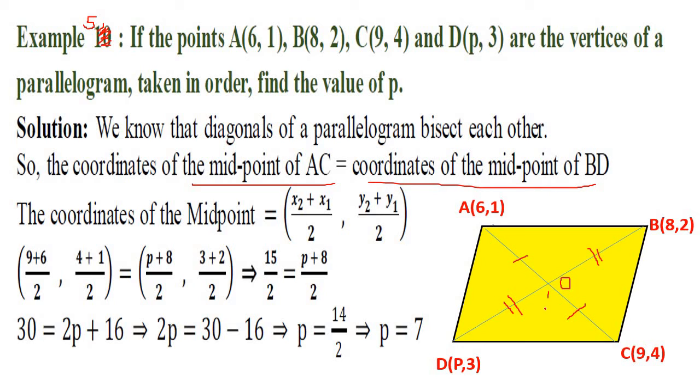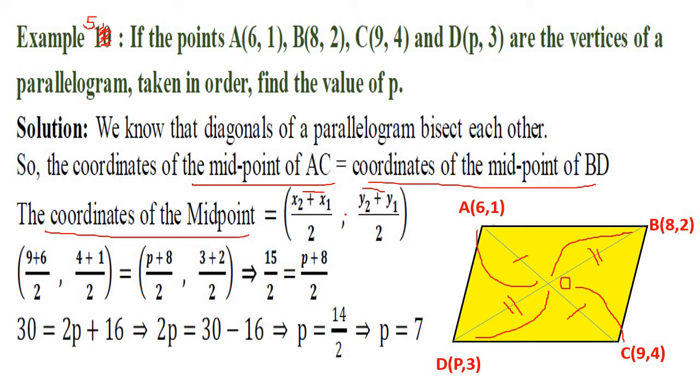So from O to C and from O to A, the distances are equal because the diagonals intersect each other. So already we know that the coordinates of the midpoint are (x1 plus x2) by 2, (y1 plus y2) by 2.